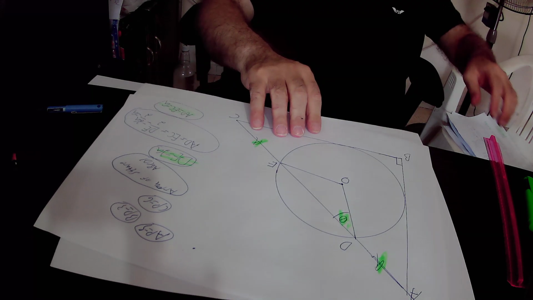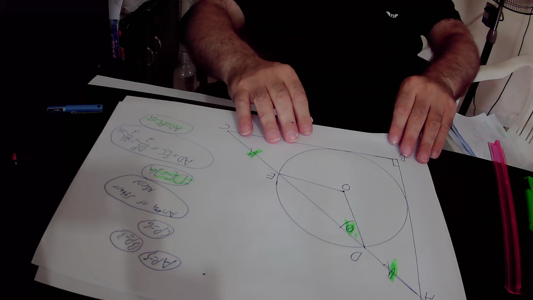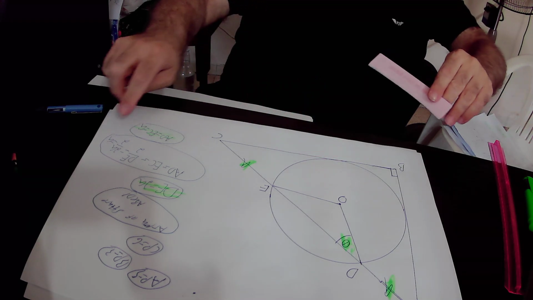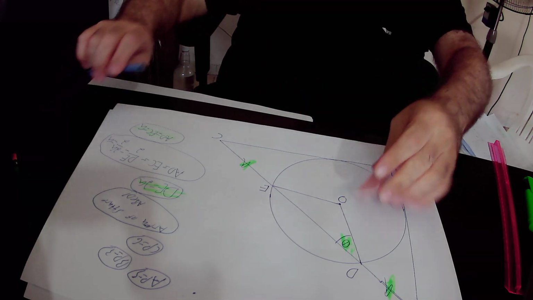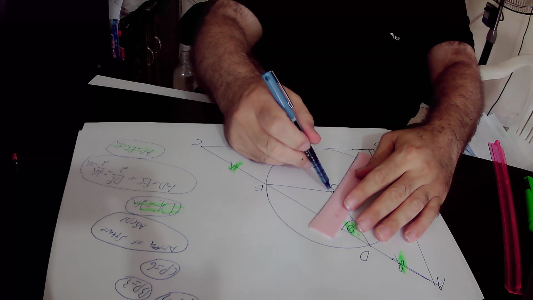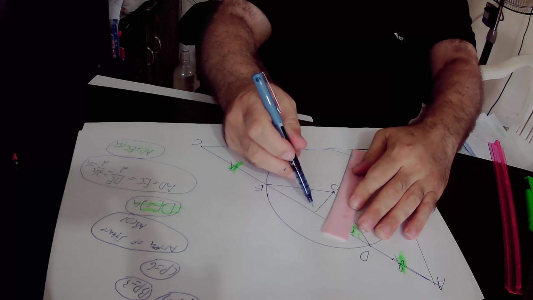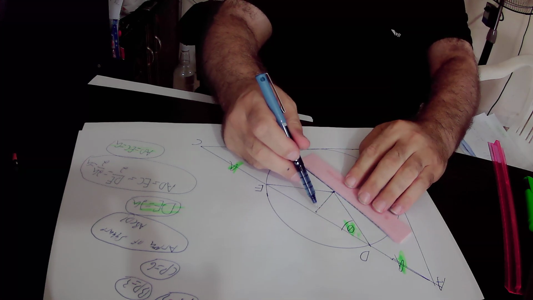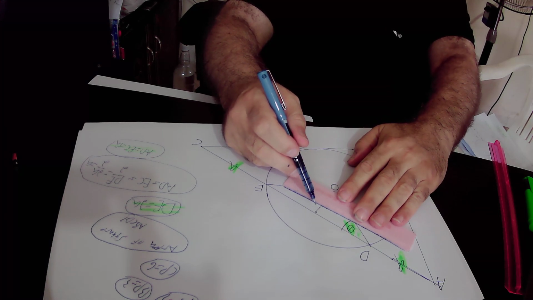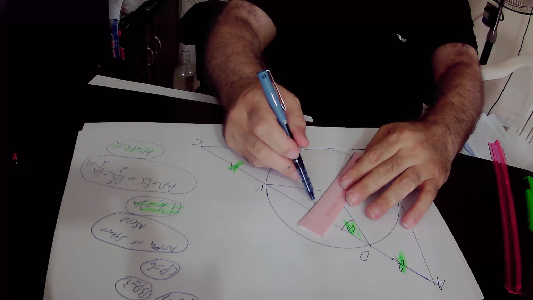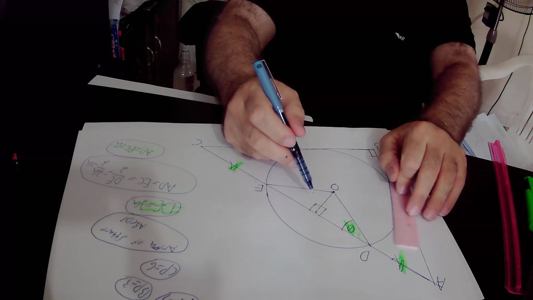Why? Because from the center of the circle at this point O, we have a perpendicular to chord DE. That is to say, this angle equals 90 degrees, and this angle will also be equal to 90 degrees.